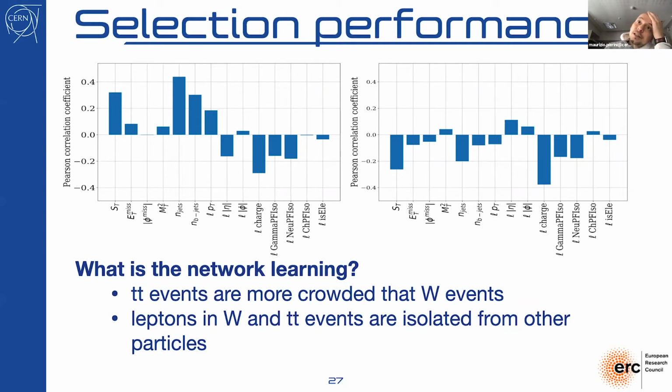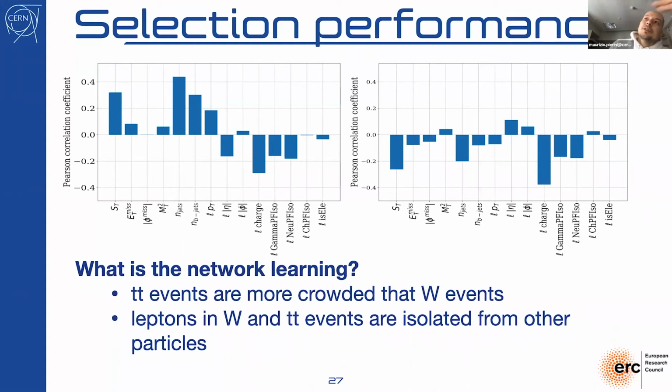So you see that the one on the left, no, let me see. Yes, the one on the left is the TT bar classifier. It's correlated to everything which measures the jet activity in the events.